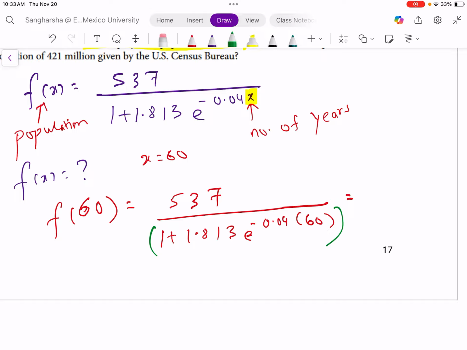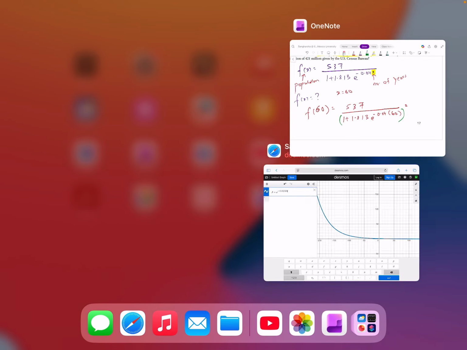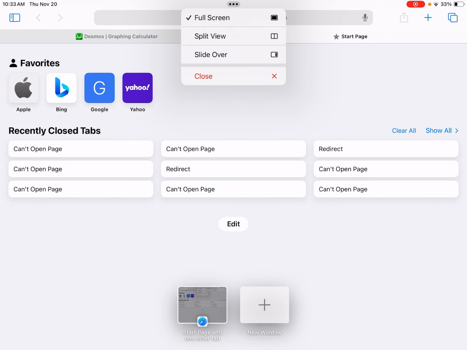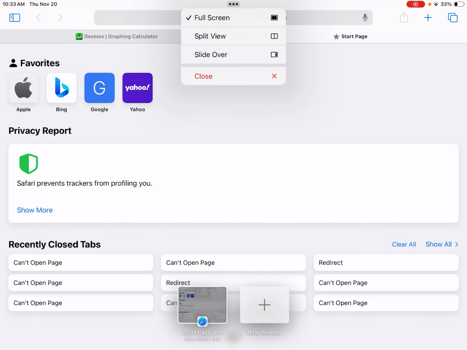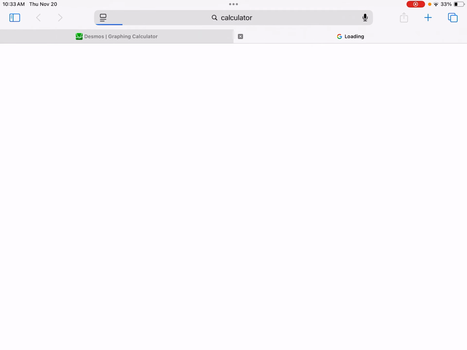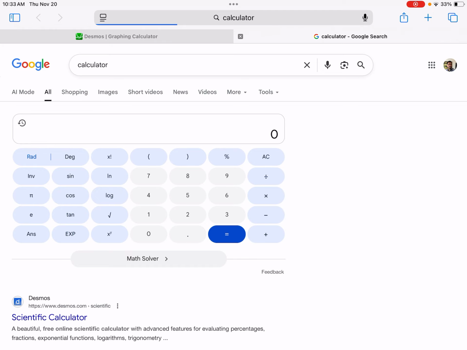What number did we have in the numerator? 537, right?